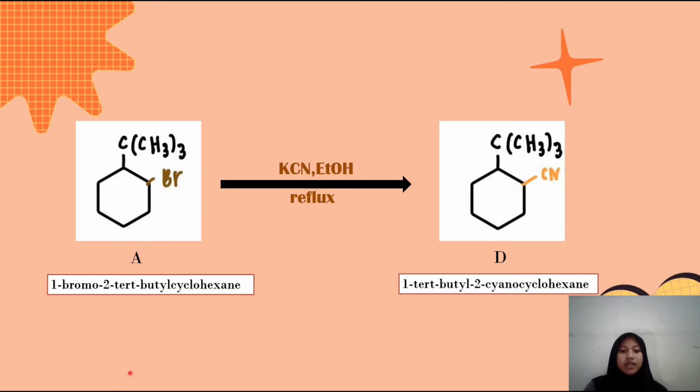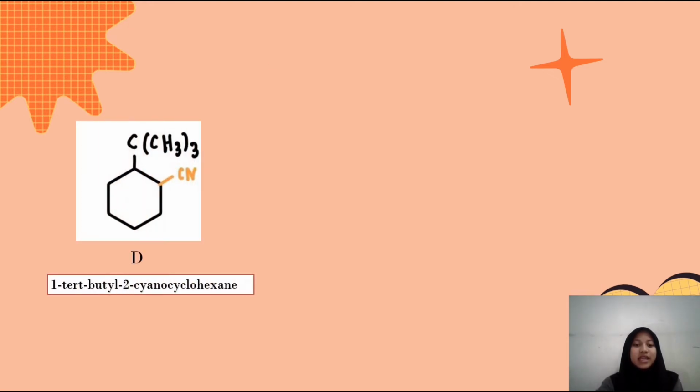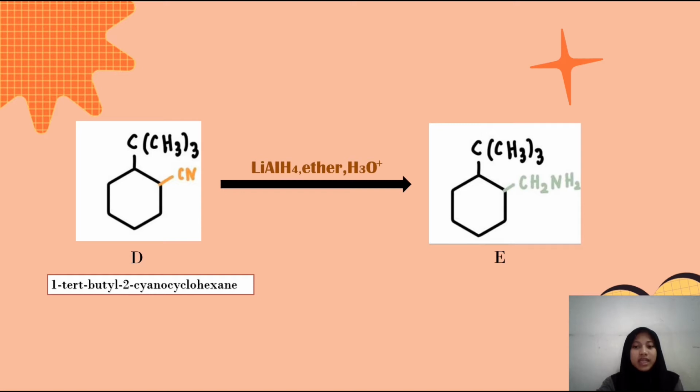We can see that the bromine from structure A has been replaced with the CN in structure D. Next, structure D reacts with lithium aluminium hydride in ether and hydronium ion, producing structure E. The IUPAC name for structure E is 2-butyl cyclohexyl methanamine, where we can see that the CN in structure D is replaced with the CH2 and NH2 in structure E.